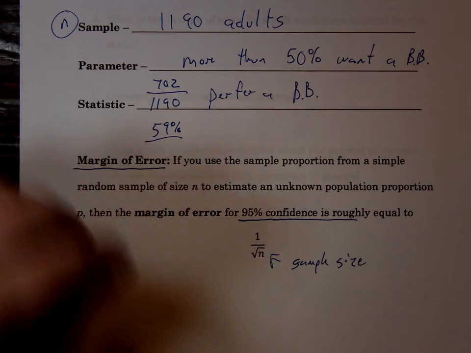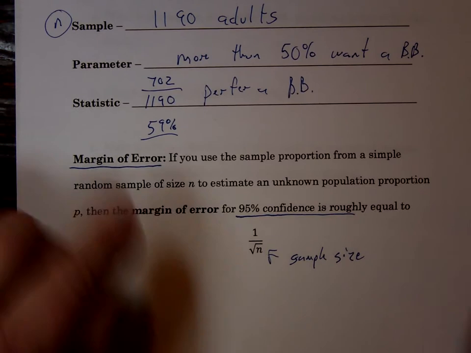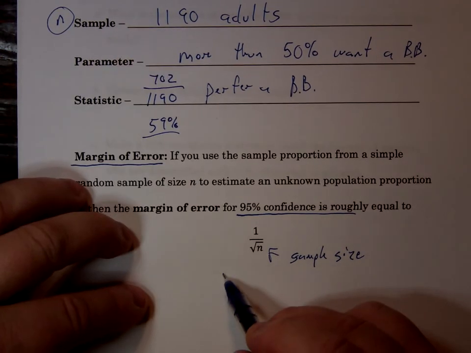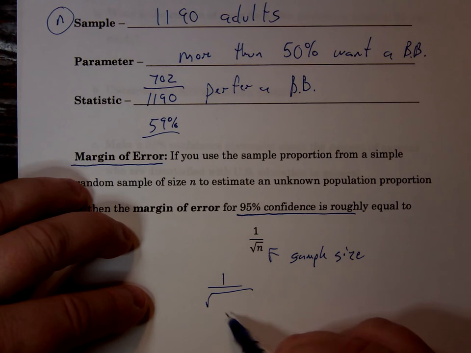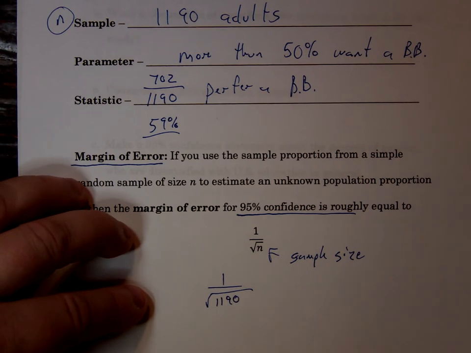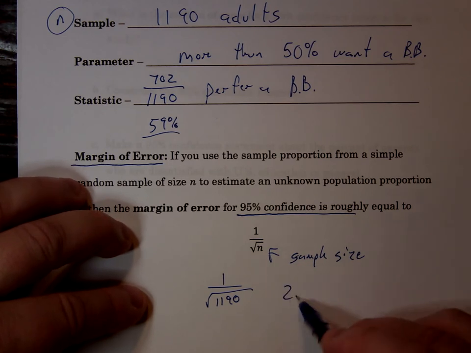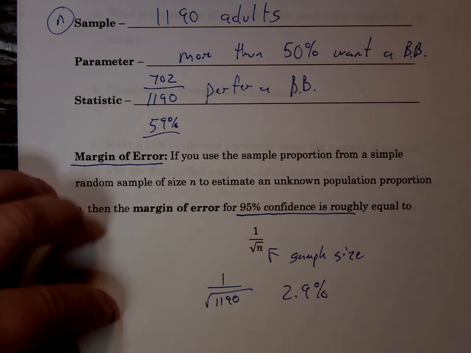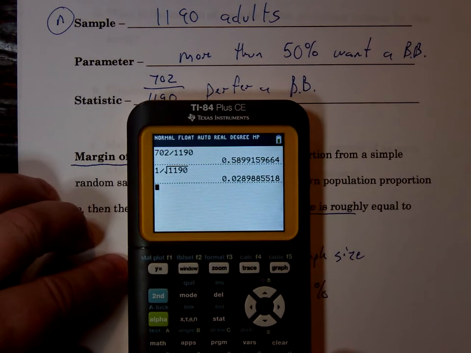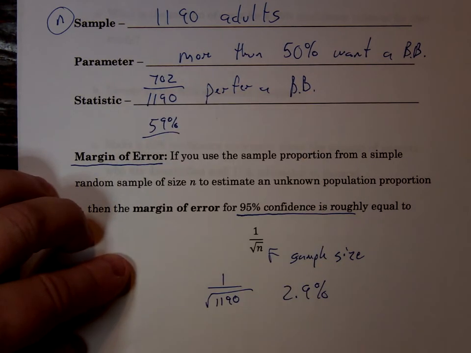In this case, the margin of error is 1 divided by the square root of 1190. 1 divided by the square root of 1190 is 2.9, pretty much. It's about 2.9%. If you see on the calculator, it's 0.028988. So move the decimal and round that, 2.9%.